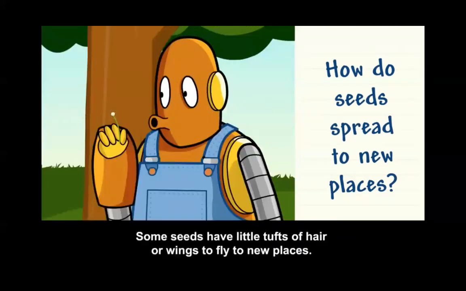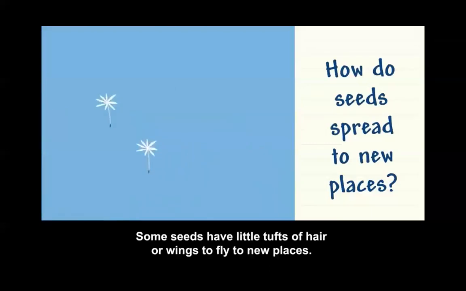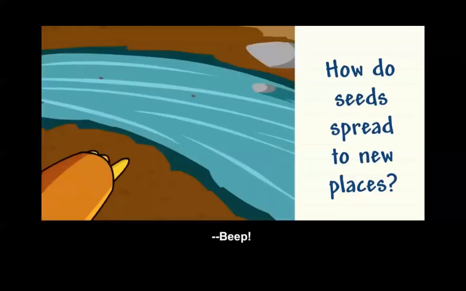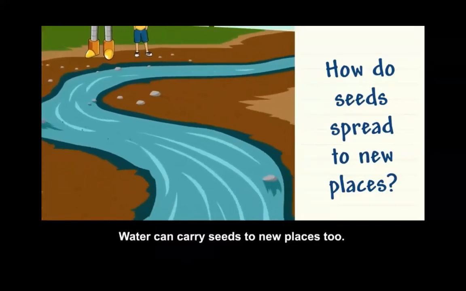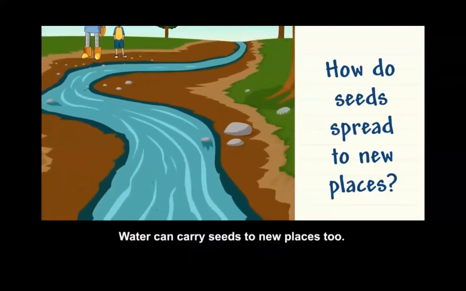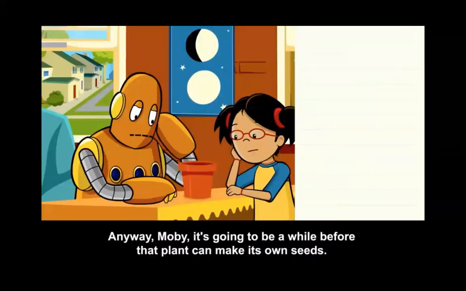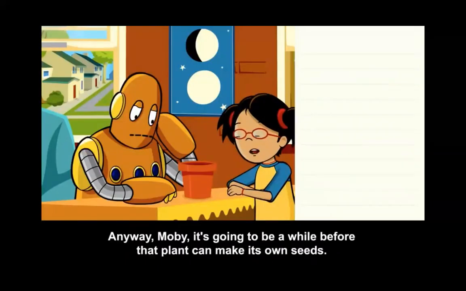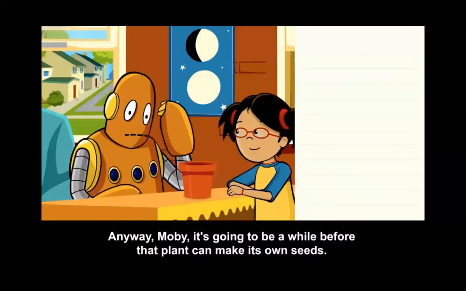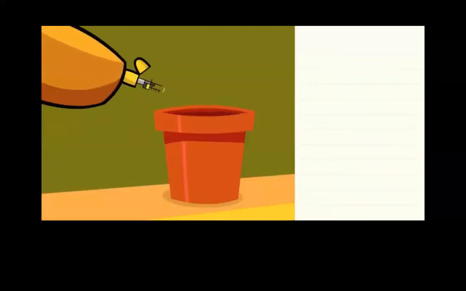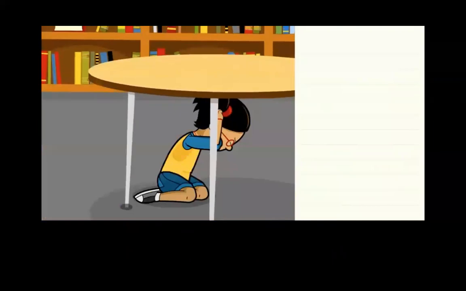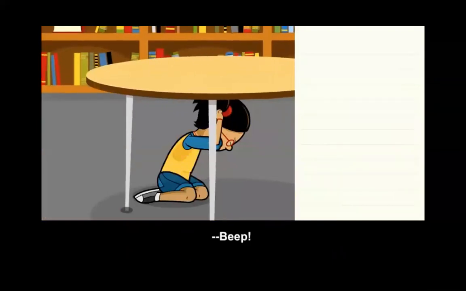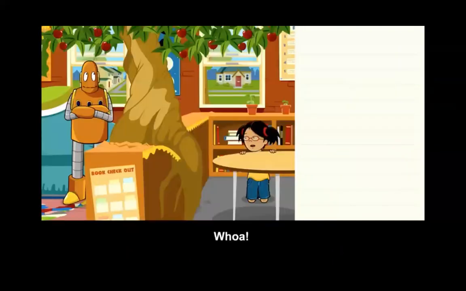Some seeds have little tufts of hair or wings to fly to new places. Water can carry seeds to new places too. Anyway, Moby, it's going to be a while before that plant can make its own seeds. Whoa!